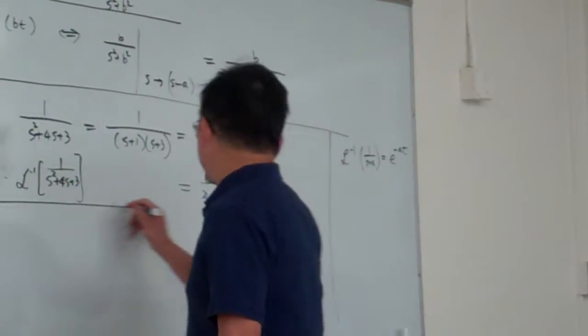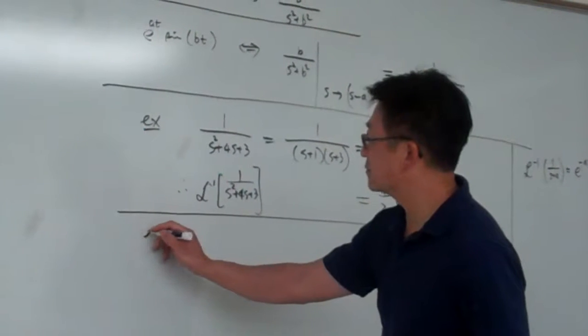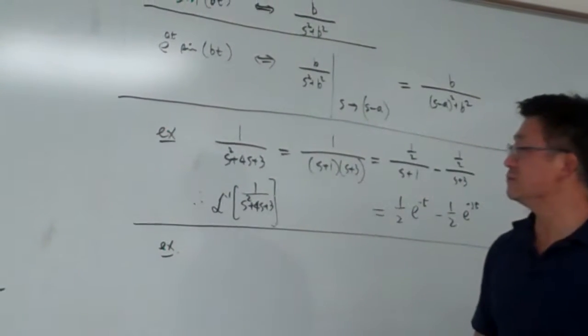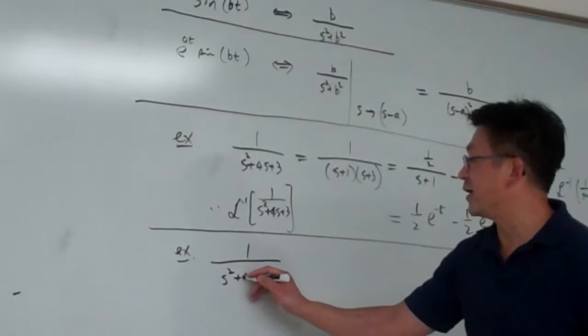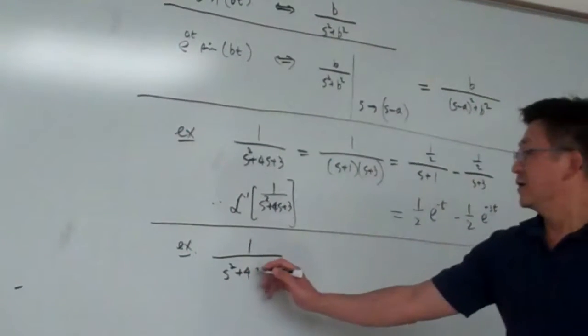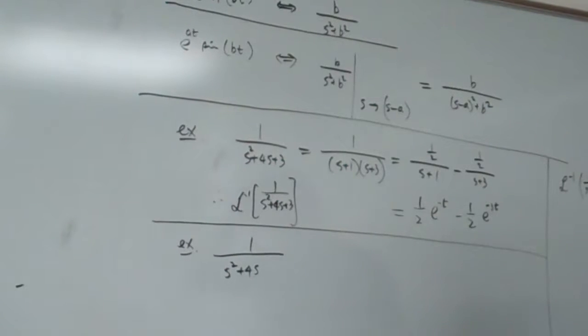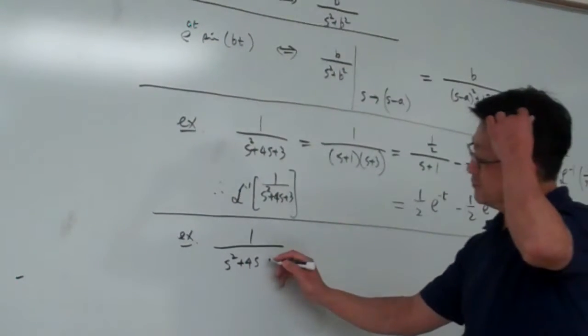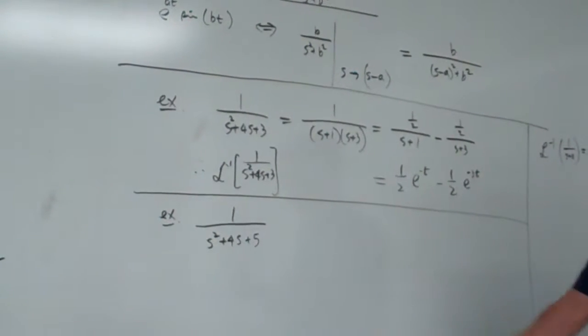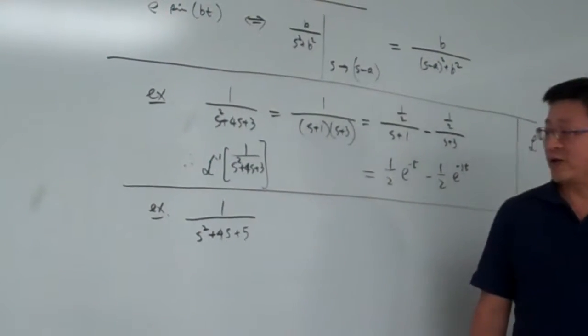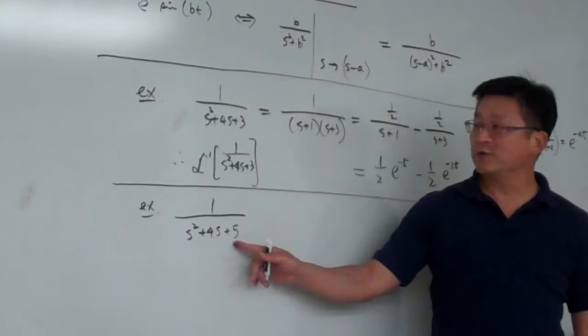Now we try the other example. For example, we consider the same s squared plus 4s plus 5. We change it a little bit here. By all means, this one you won't be able to factorize.